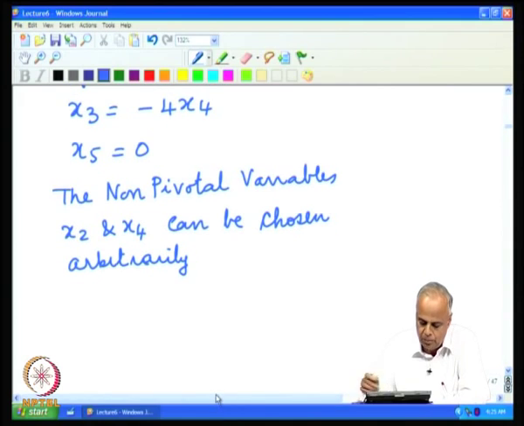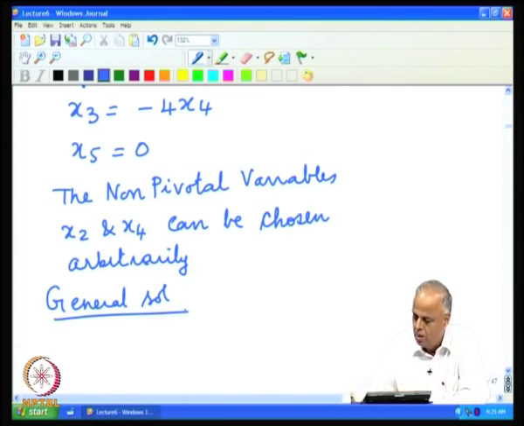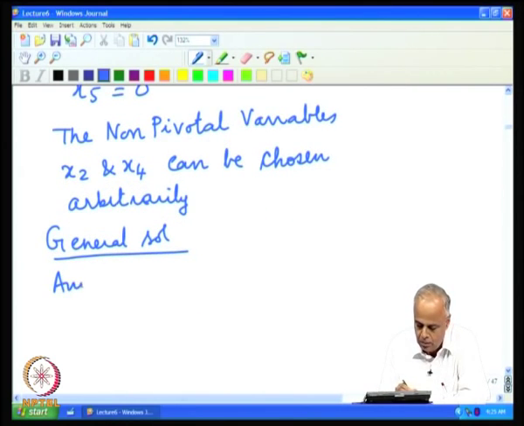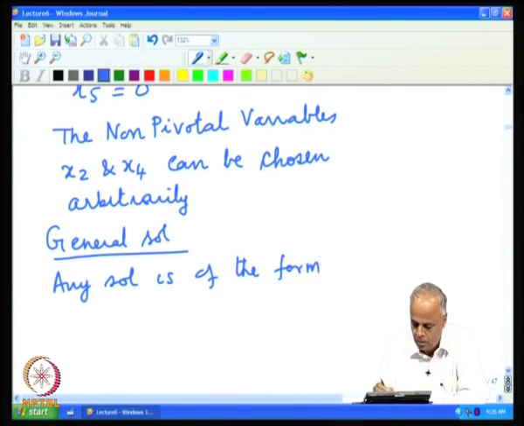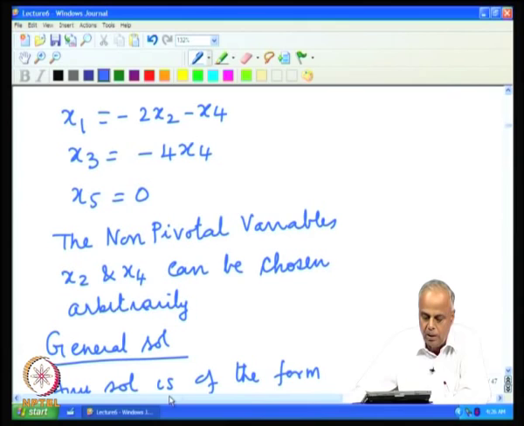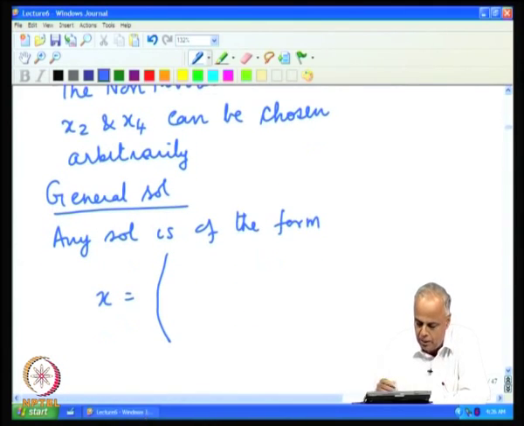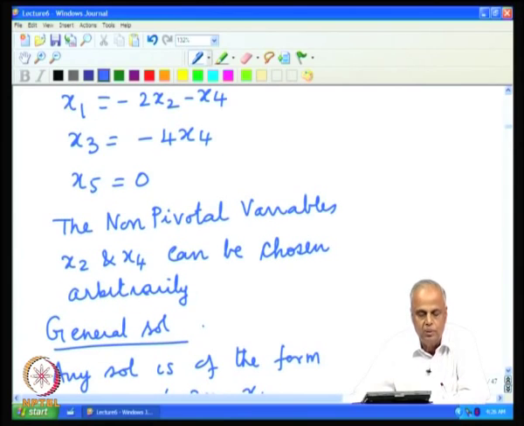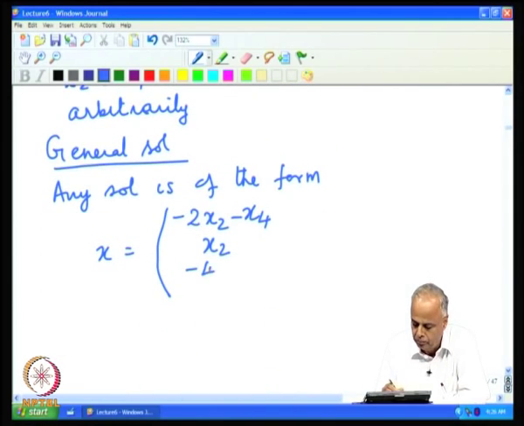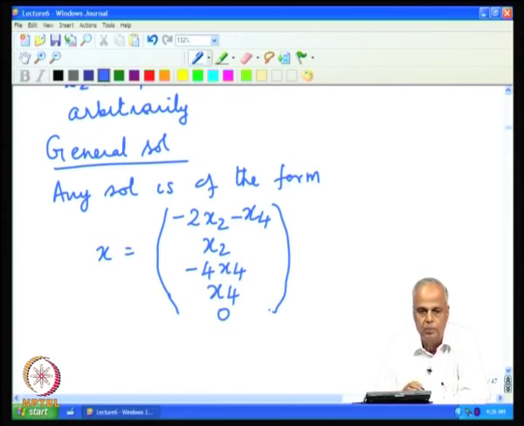So, what is the general solution then? Any solution x is of the form x equal to: x 1 has to be chosen as minus 2 x 2 minus x 4, x 2 can be chosen arbitrarily, x 3 has to be chosen as minus 4 x 4, x 4 can be chosen arbitrarily and x 5 must be 0.